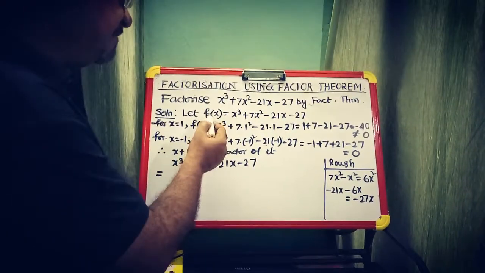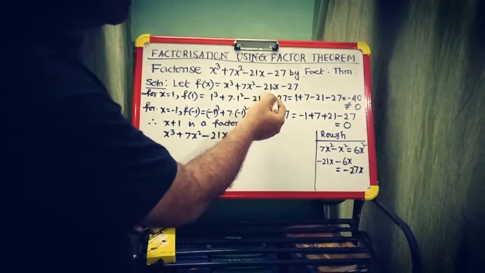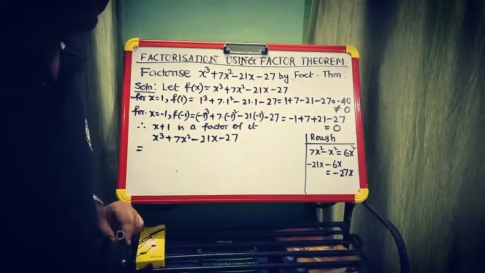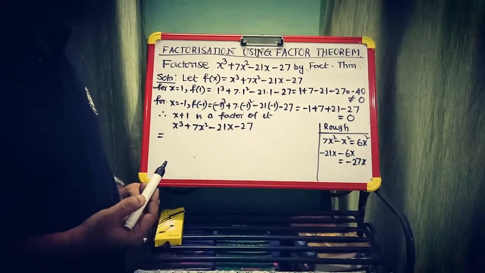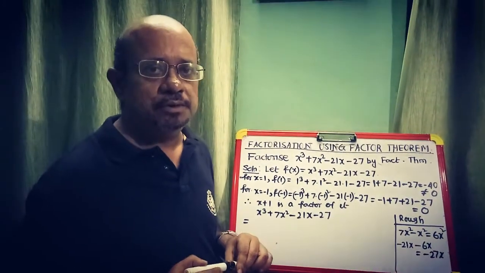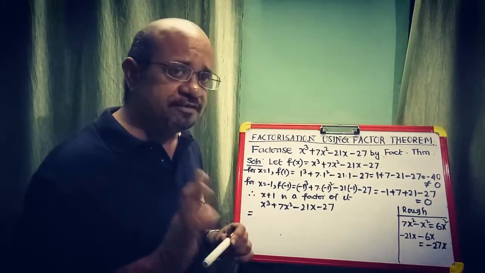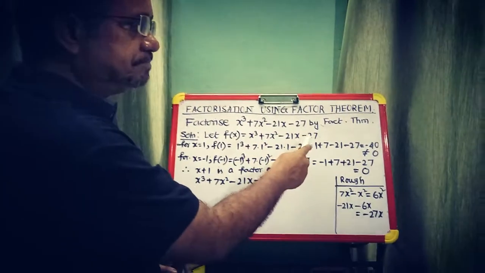We name it as f(x). f(x) is equal to x cubed plus 7x square minus 21x minus 27. So we start with step 1, that is, we have to find the value of x for which f(x) will be equal to 0. We will not search randomly now. We look at the constant term.